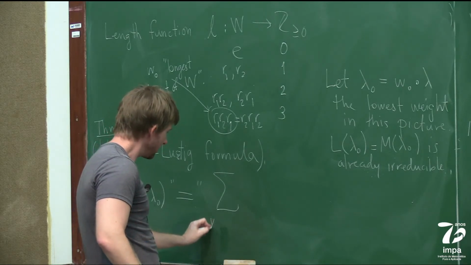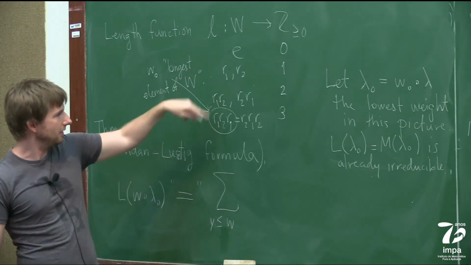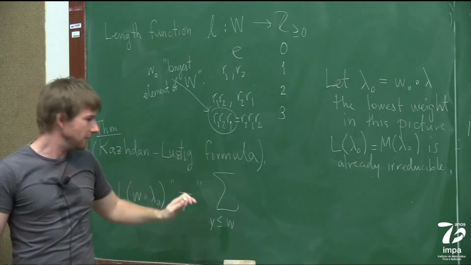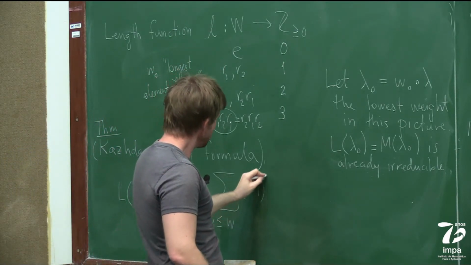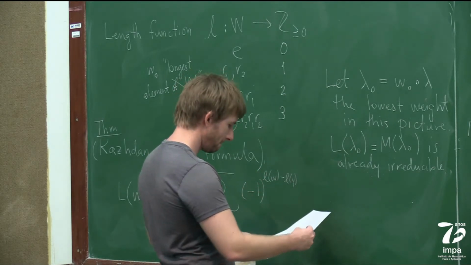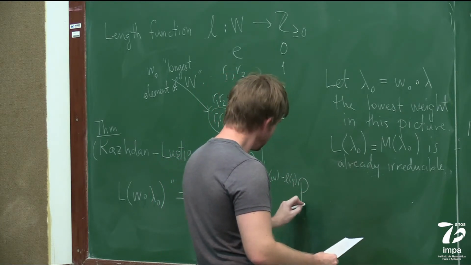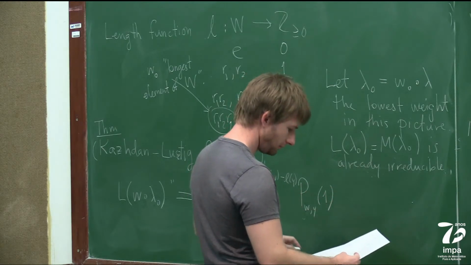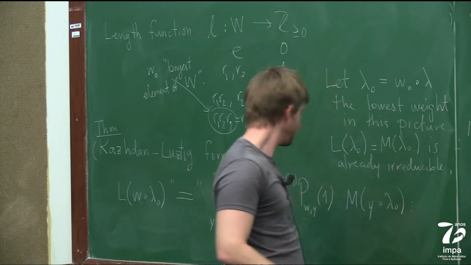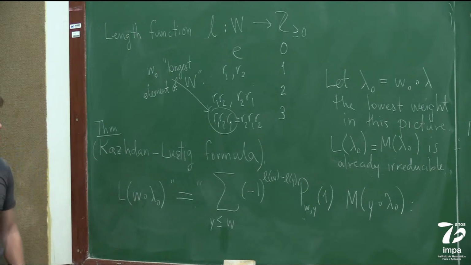The sum runs over y, which are less than W in this partial ordering, which induces this length function. It's going to be a factor, length of W minus length of y. So a formula that expresses irreducibles in terms of Vermas.